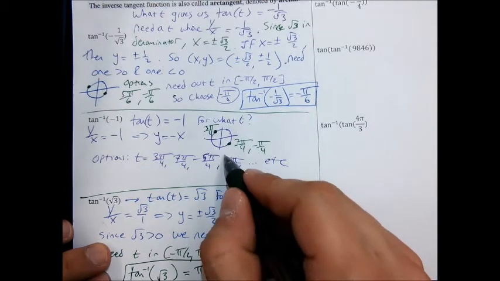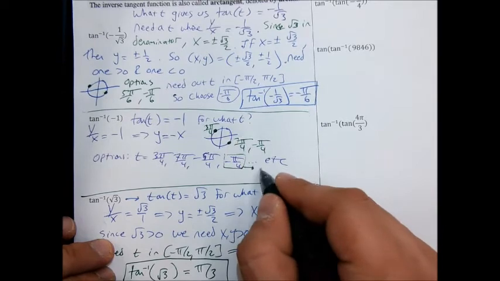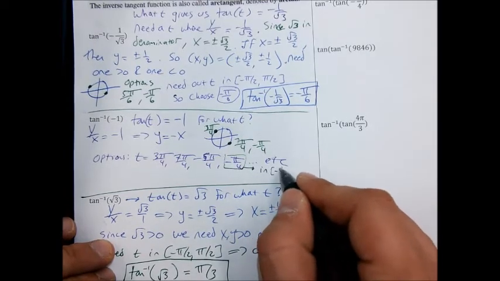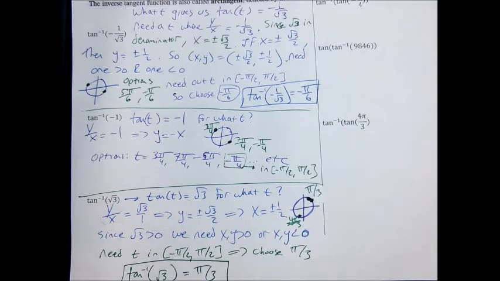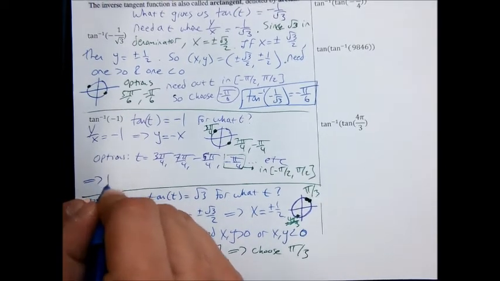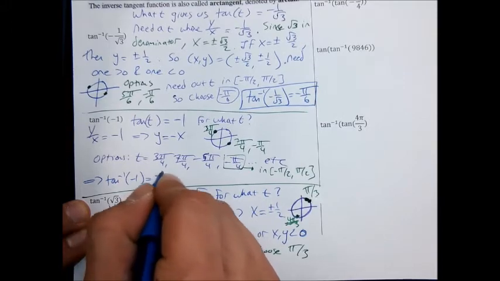And so this is the one that's between those two. This is the one that's in the right interval, and so we choose that one. And so our final answer then, tan inverse of minus 1 is minus pi over 4.